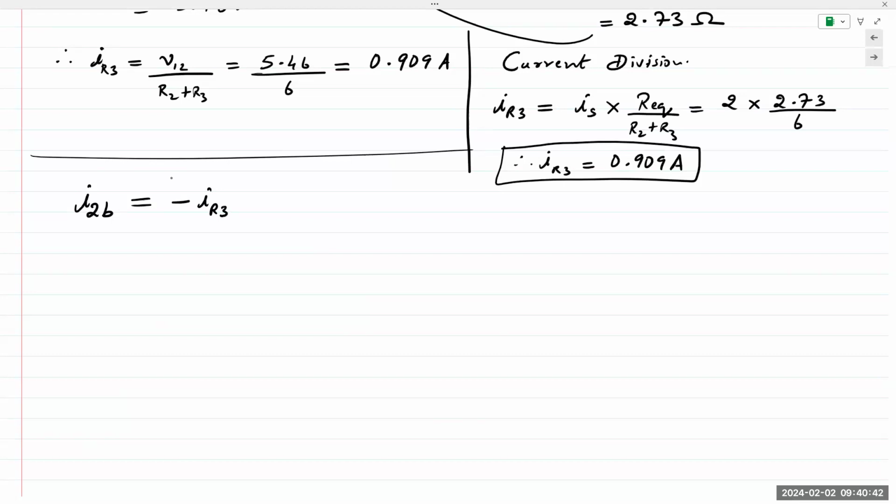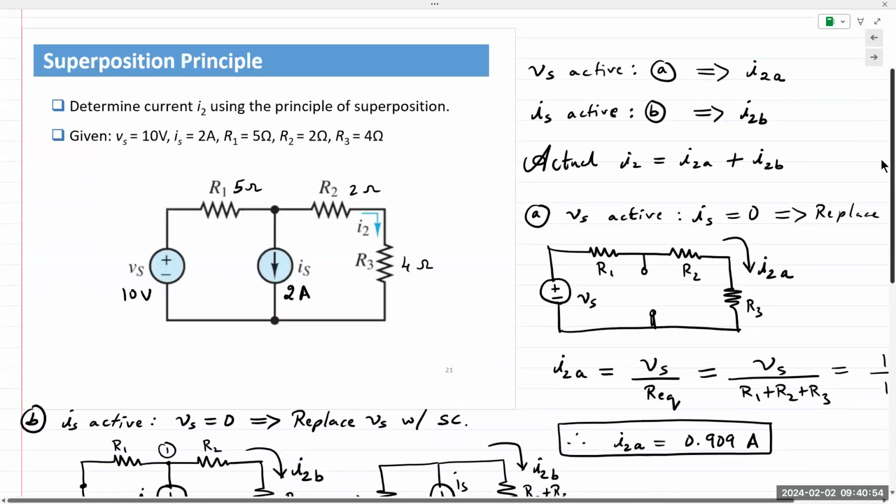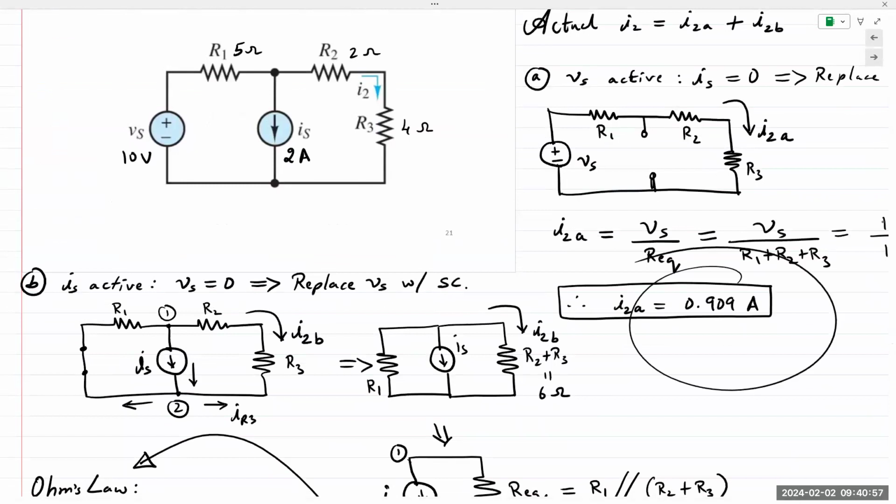The point here is you have to be careful with the direction of the voltage sources and the current sources. And so this becomes minus 0.909 amps. And I2A was plus 0.909.